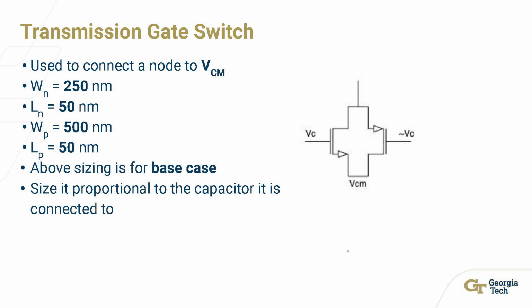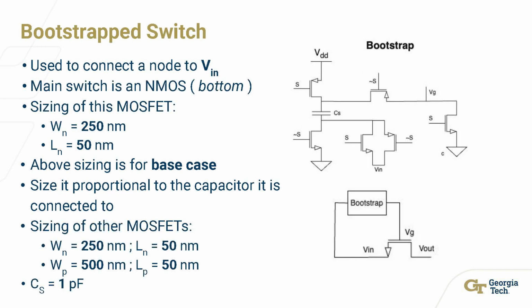Finally, we will look at the bootstrap switch, which is a bit more complicated than the switches we looked at before. This is used to connect a node to Vin, which is a voltage that can vary from 0 to VDD. The sizing of this bootstrap switch is a bit complicated.